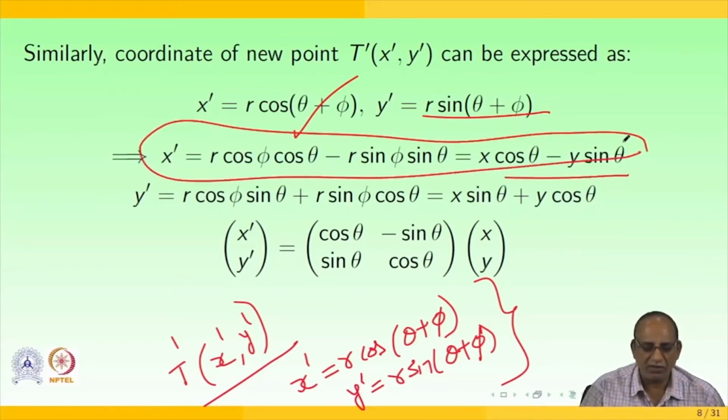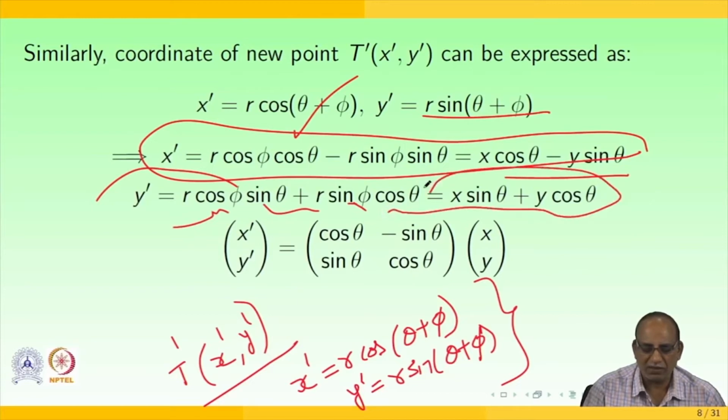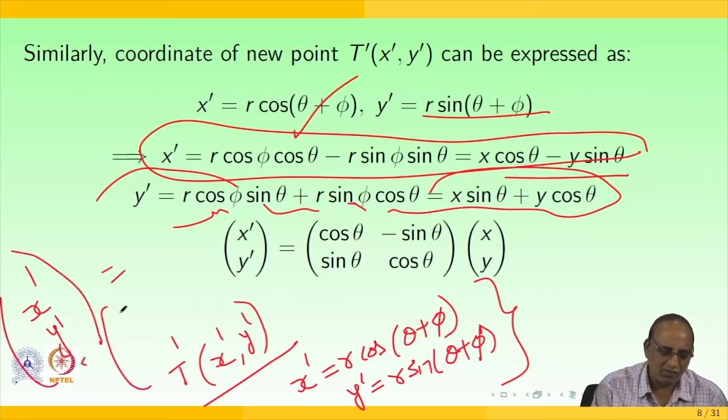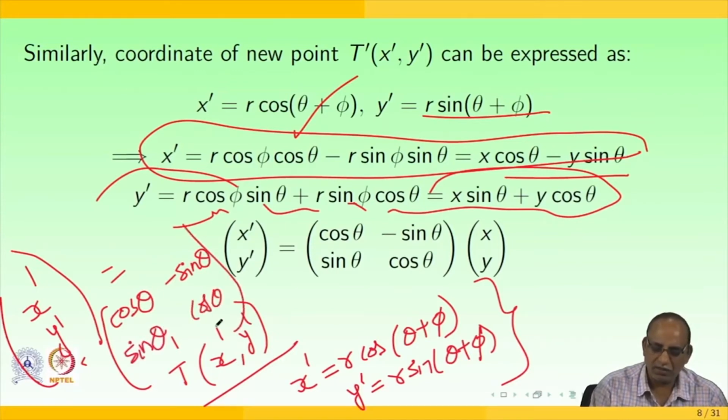Similarly, y prime is r cos phi sin theta plus r sin phi cos theta. So x prime, y prime in matrix form is cos theta, minus sin theta, sin theta, cos theta, multiplied with x, y.